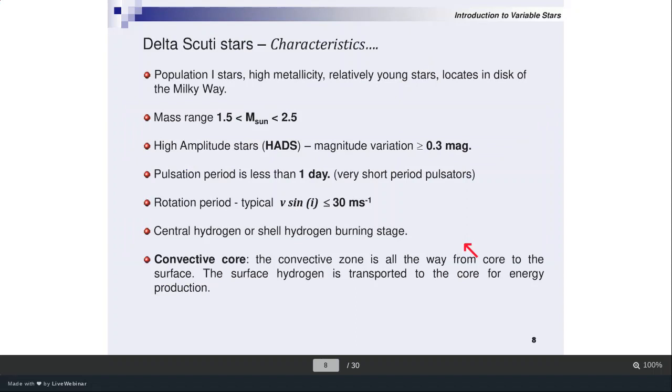Okay, so for the Delta Scuti, let me move on to some parameters of Delta Scuti stars. They are population 1, high metallicity, relatively young stars. The mass range is 1.5 to 2.5 solar masses. That is the typical range of Delta Scuti stars.